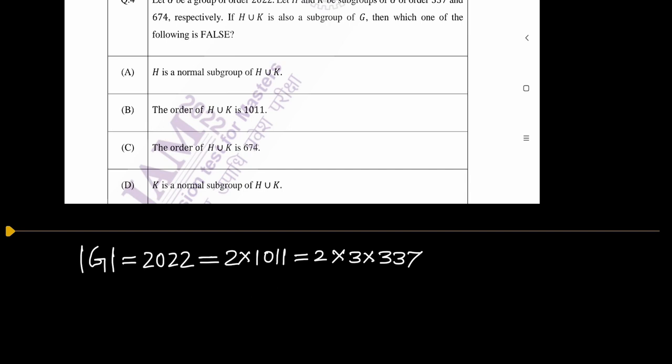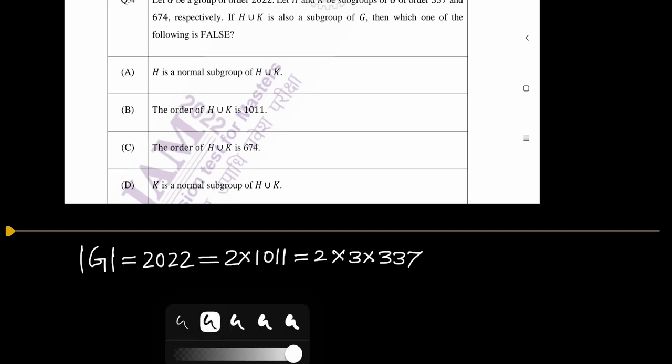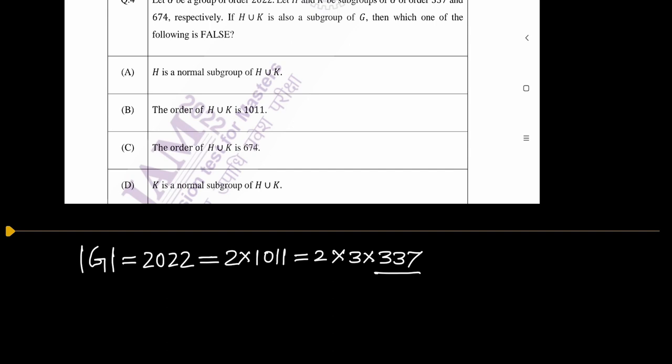First see that since 337 is a prime number, there will be a subgroup of G of this order, and this has already been given in the question, and that subgroup is H with order 337.